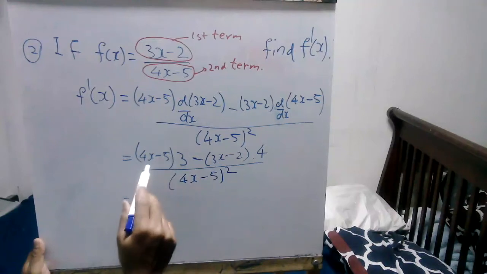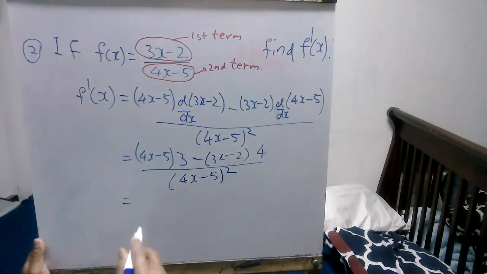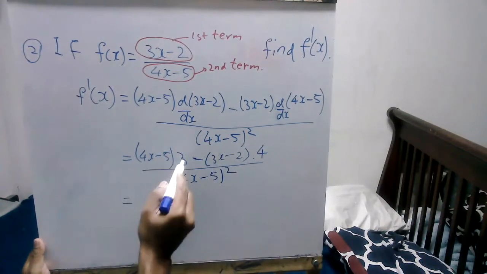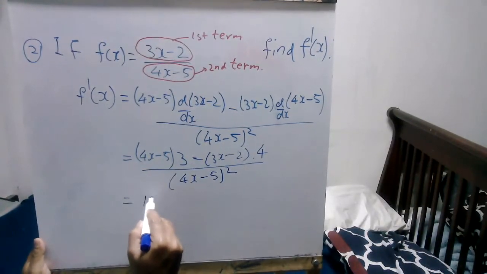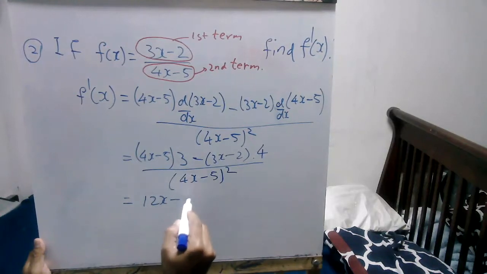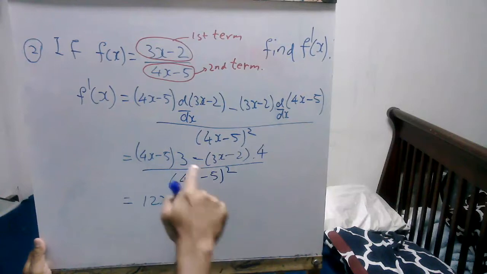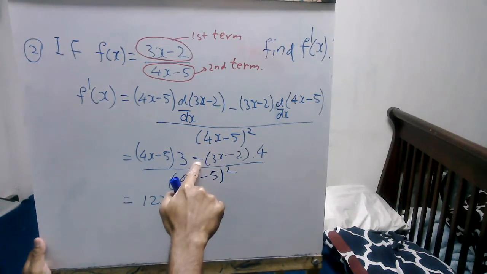This is equal to, distribute, and then combine like terms. 3 times 4, 12x. Be careful, you have a negative sign outside.